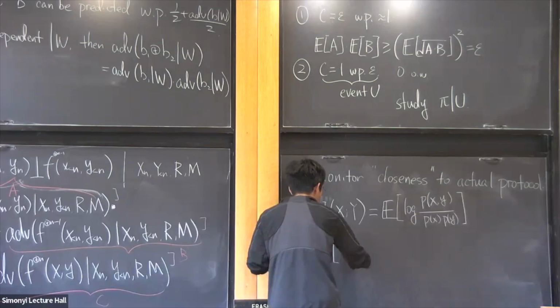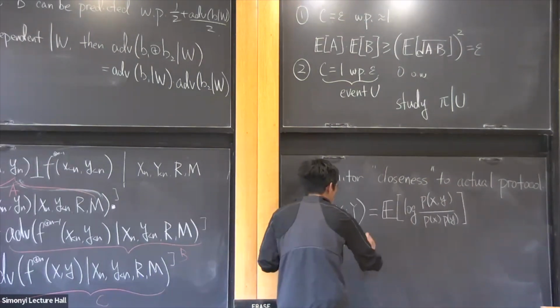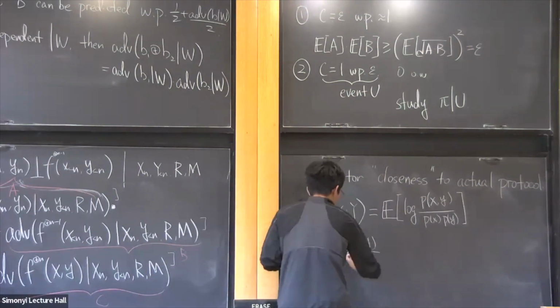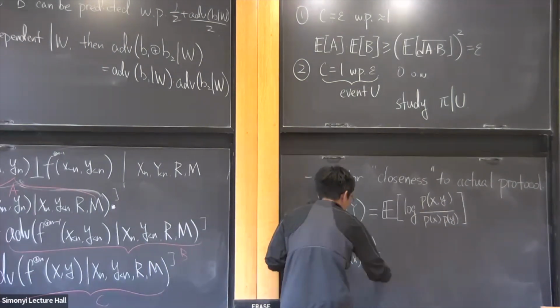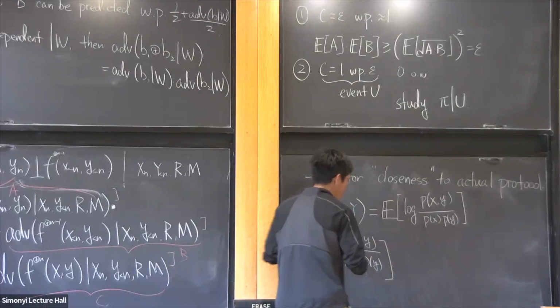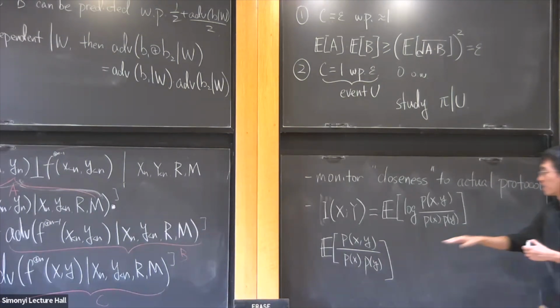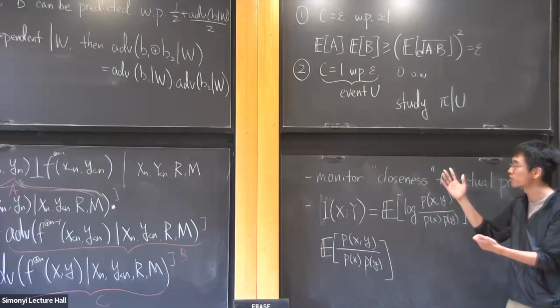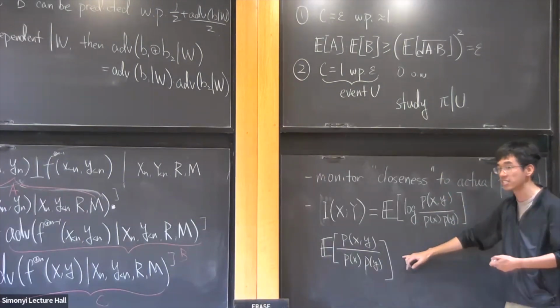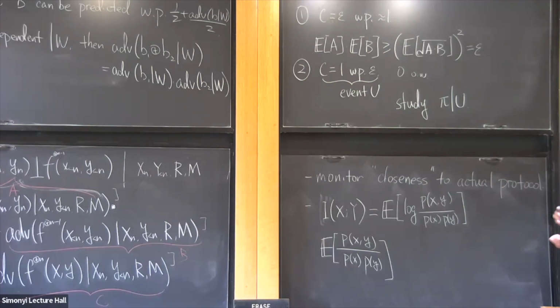So we'll work with the expectation of the probability of x and y divided by the probability of x times the probability of y throughout the entire argument. Overall, the argument will not be about information complexity defined this way; we'll define the costs of all the protocols and the intermediate ones via this definition, where we just look at the expectation of this probability divided by two probabilities.